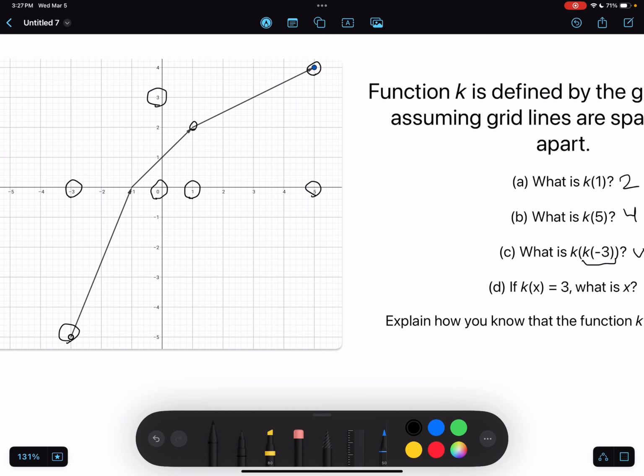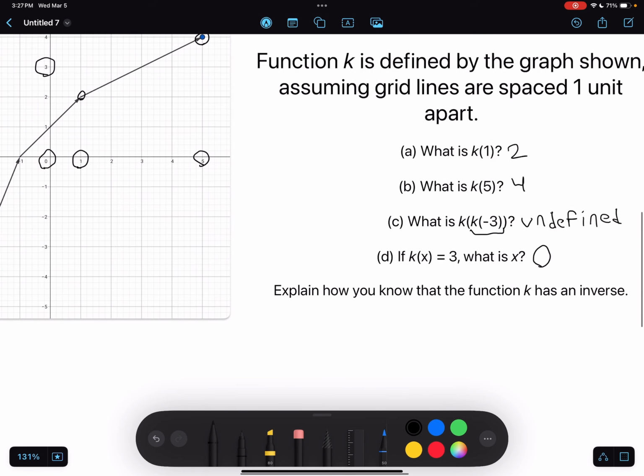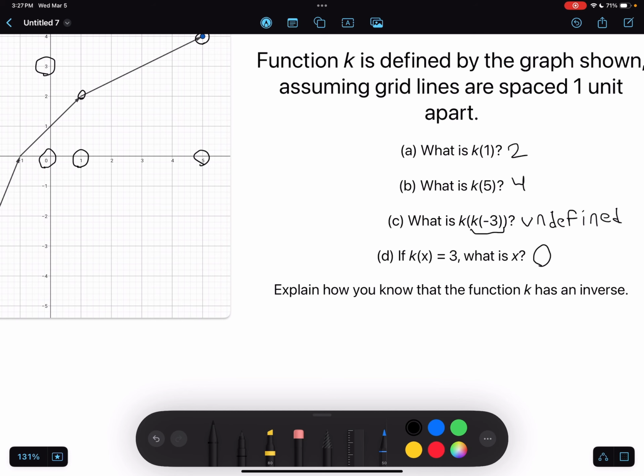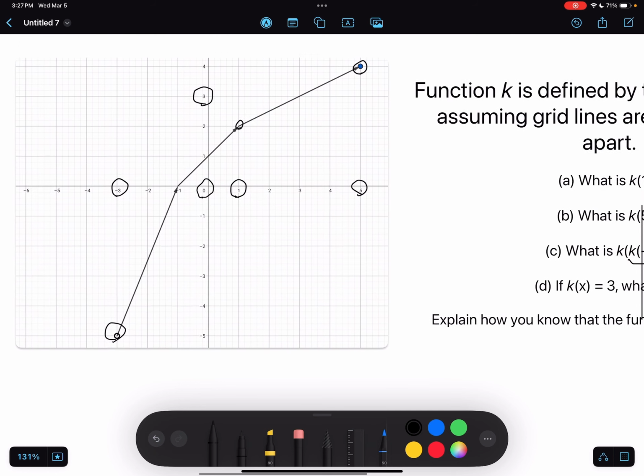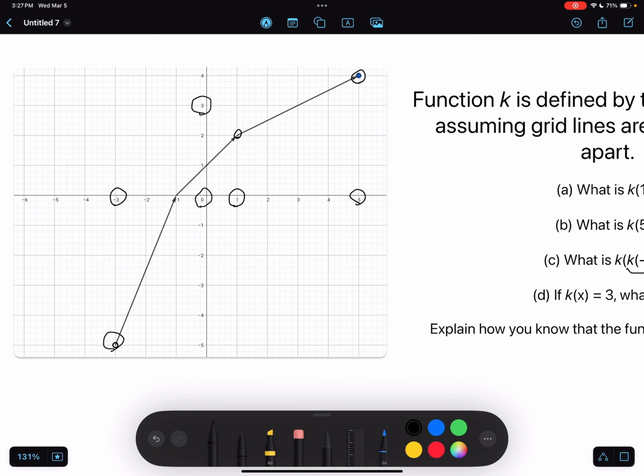An easy way to tell if a function has an inverse, without going through algebra and manipulating variables, is to employ something called the horizontal line test. It's exactly what it sounds like. The horizontal line test simply involves drawing a horizontal line through the graph of your function at any point.